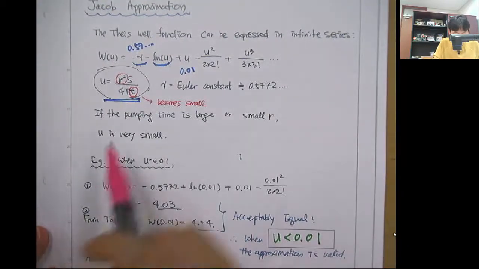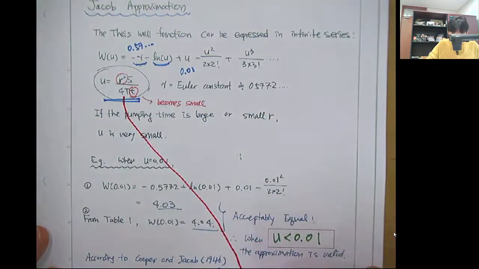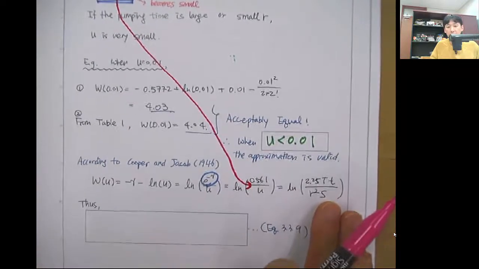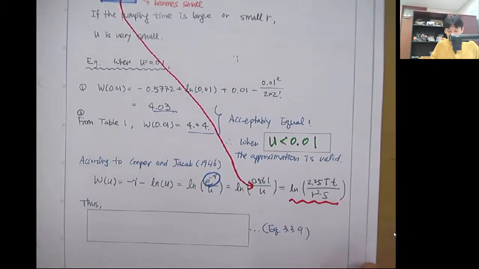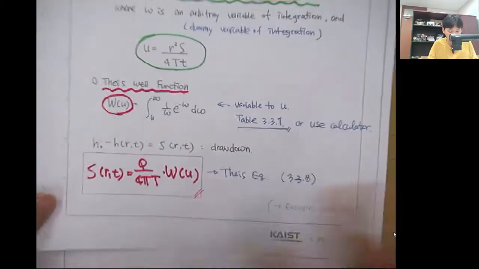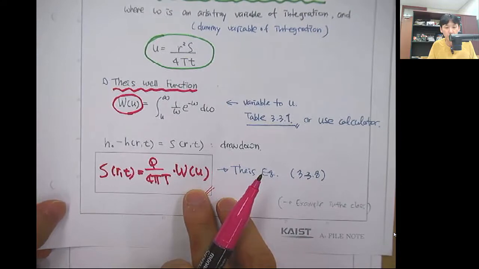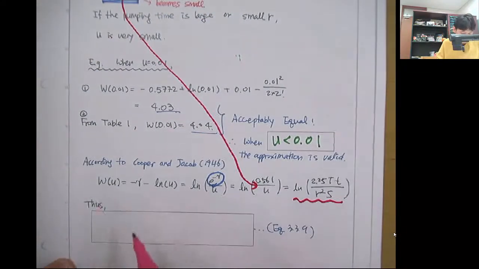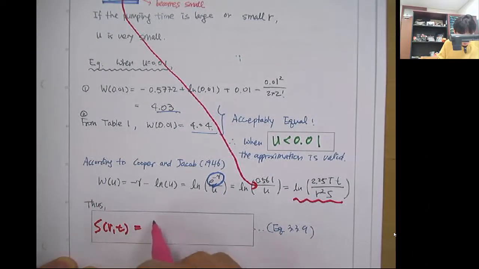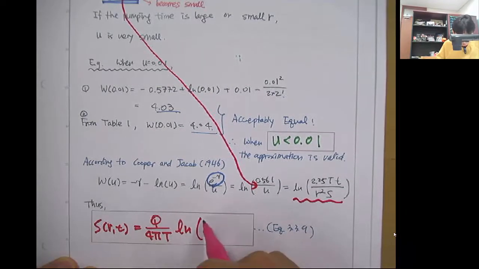So then we can just plug the u into this equation, then you get this final. So then the previous equation here, the Theis equation, can be simplified using this Jacob approximation further. So the final equation becomes S at r comma t equals Q over 4 pi T times ln of 2.25 T small t over r squared S.